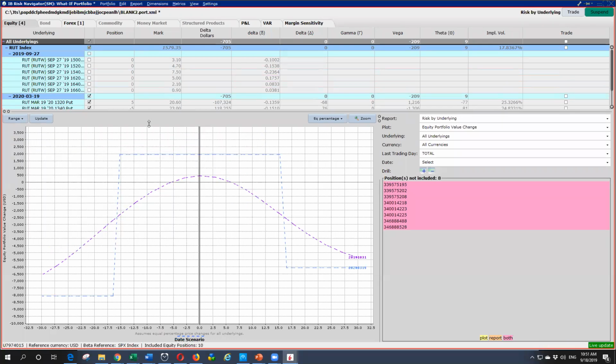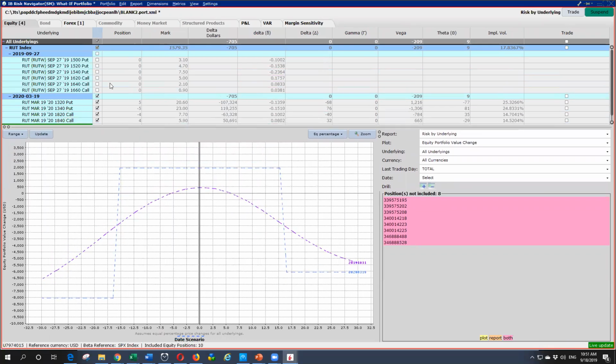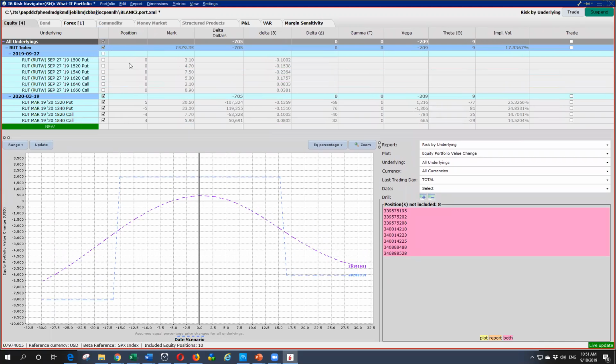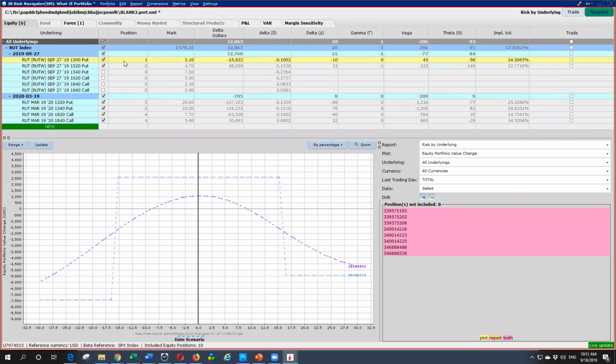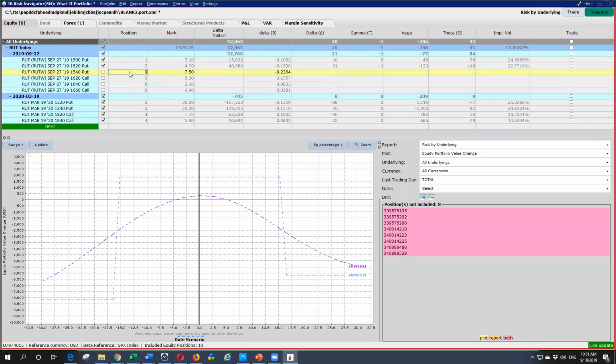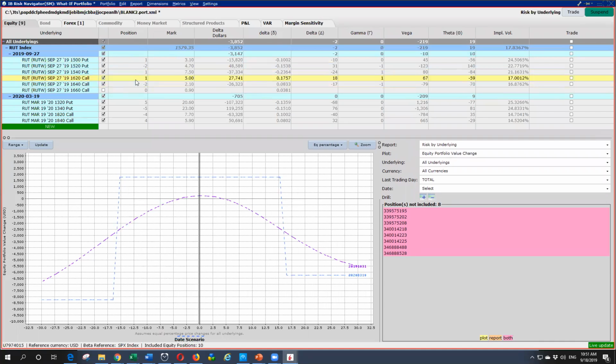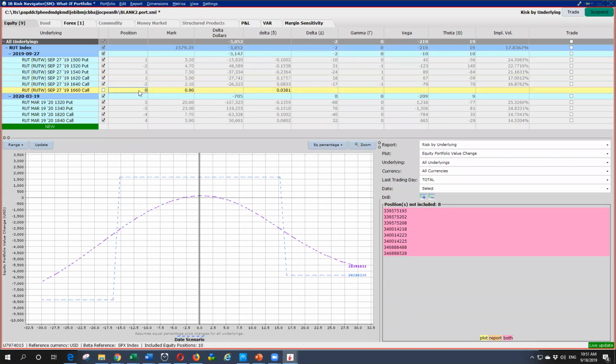So I put on my condor and I want to add a little bit of protection, and we'll see how this changes things. Minus 2, 1, and 1. So that's our butterfly on the puts, minus 2, 1, and 1.